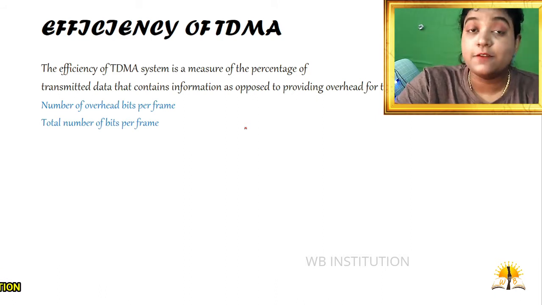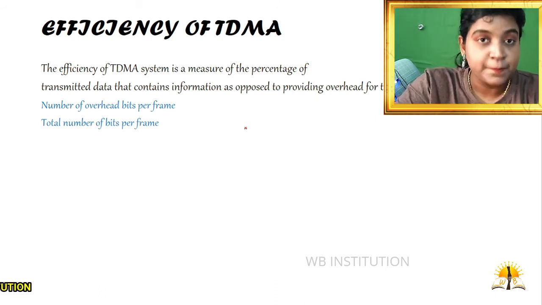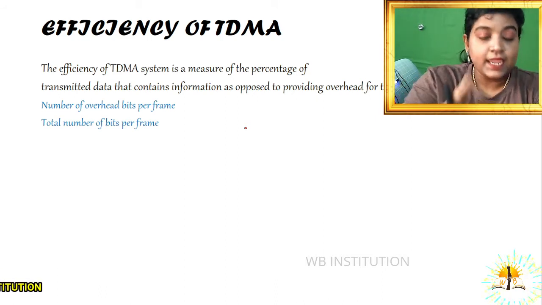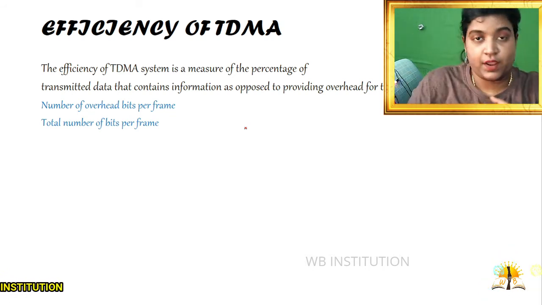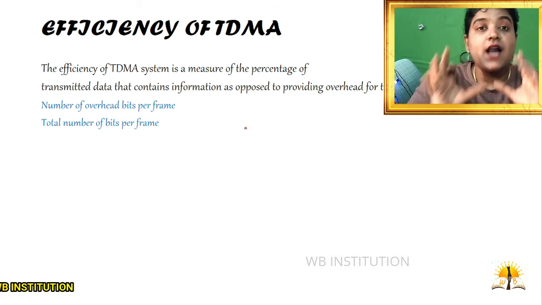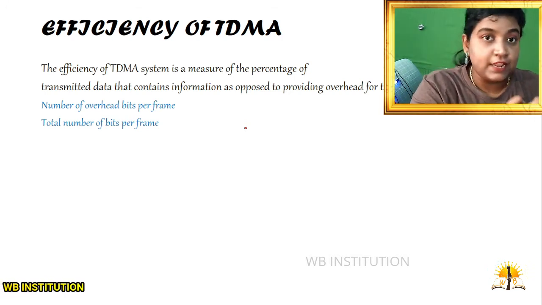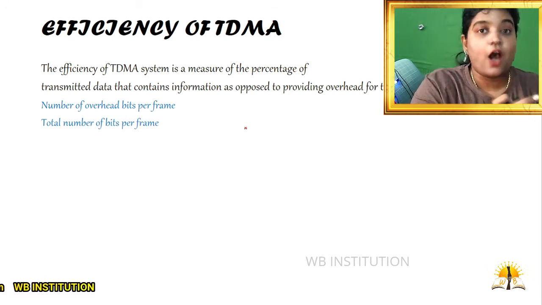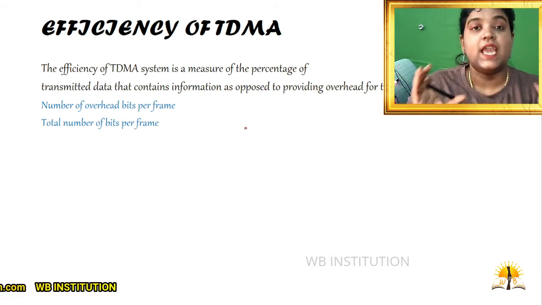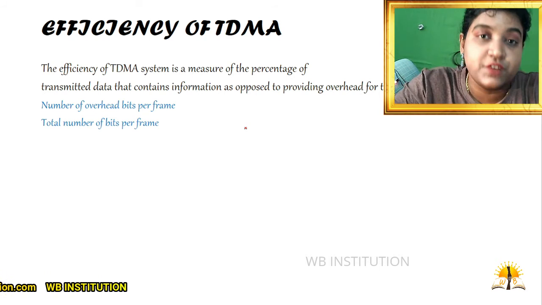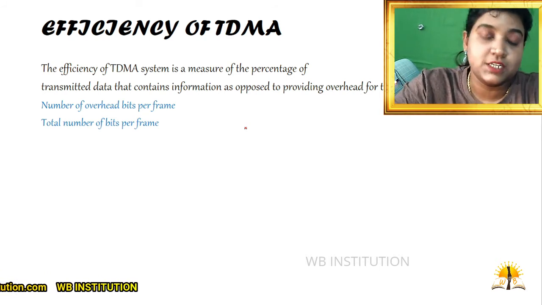In a transmitted entire frame, calculating what percentage of bits carry information and how many bits represent overhead gives the efficiency of time division multiple access.